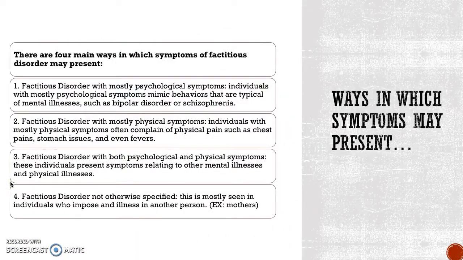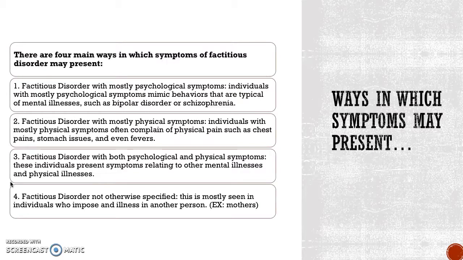As mentioned before, factitious disorder has previously been recognized to present with both physical and psychological symptoms. Currently, there are four main ways in which this disorder may present. First, it can be presented with mostly psychological symptoms. This is where an individual intentionally replicates symptoms of other mental health conditions such as schizophrenia and bipolar disorder.